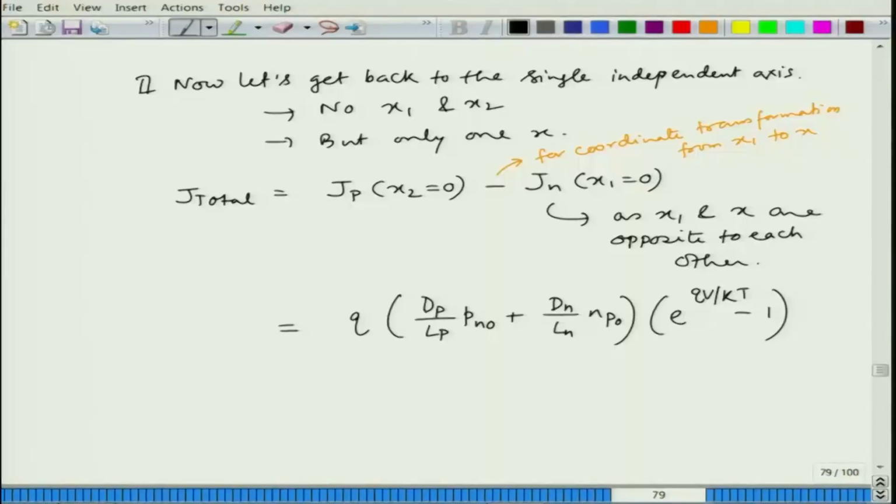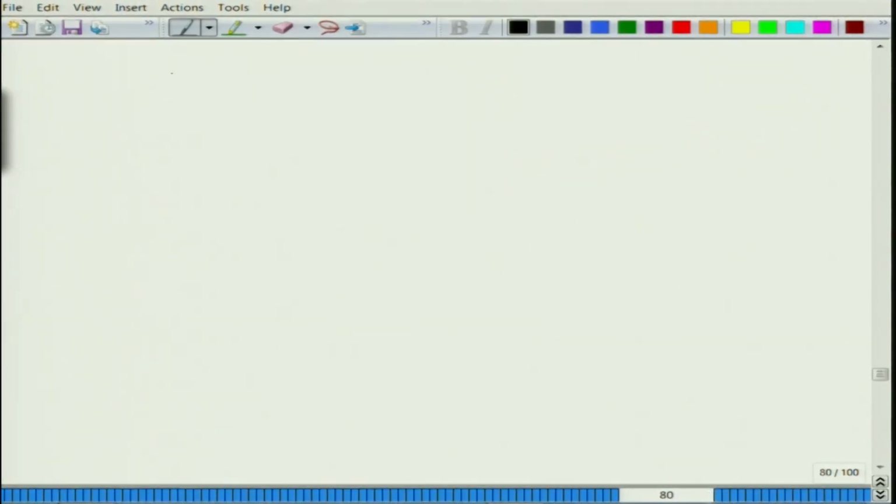Now, this J total is nothing but your current density, so this is I over A. Earlier we obtained that I equal to I naught (e to the power qV by kT minus 1). This we obtained before going quantitative.